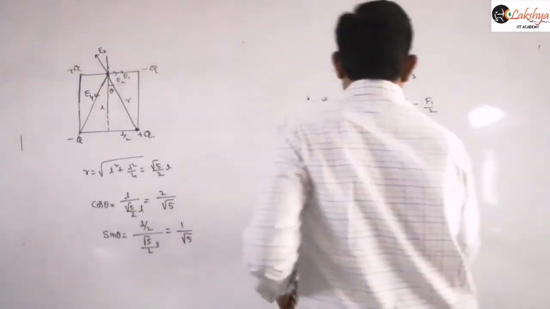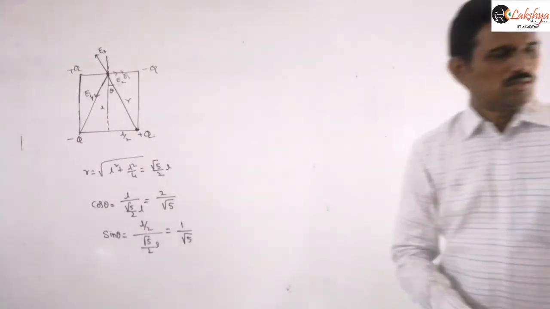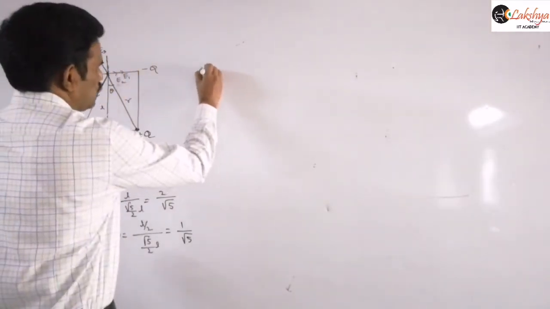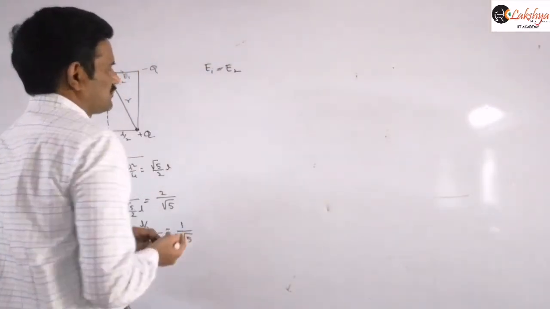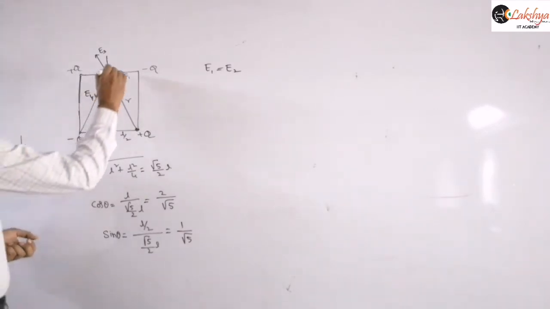I will write the values and you can simplify that. I will write the magnitudes of the E1, E2, E3 and E4 values. E1 and E2 both are equal in magnitude, right? Because the magnitude of the charge will be the same and the distance is also the same. This distance will be simply L by 2.